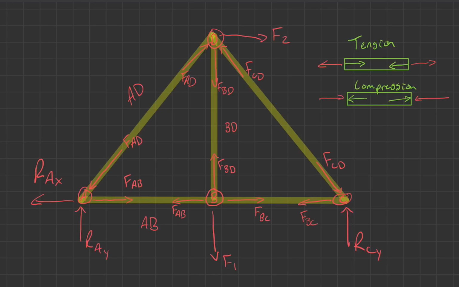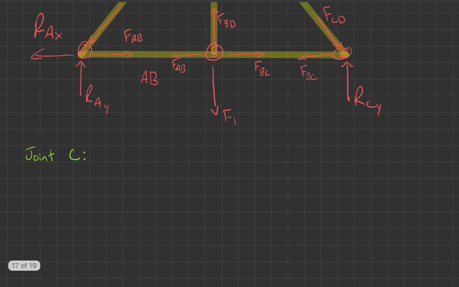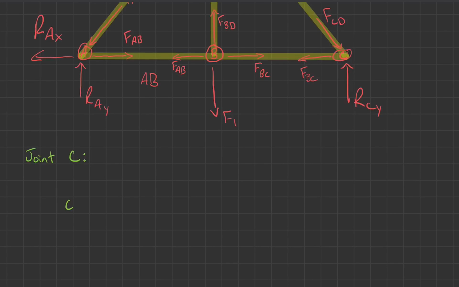That is going to allow us to systematically tackle this without having to look at the whole thing at once. So we should be able to just knock it out and get all of our unknown internal forces solved for.